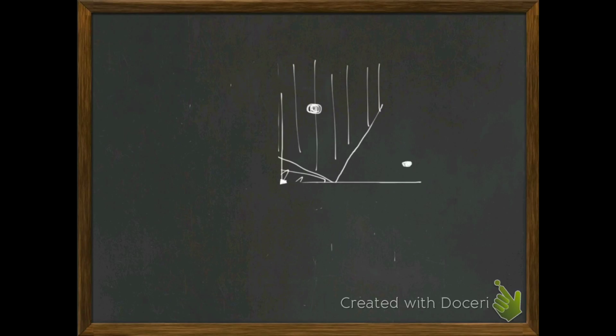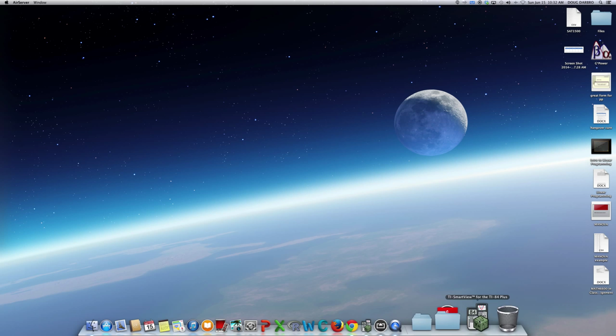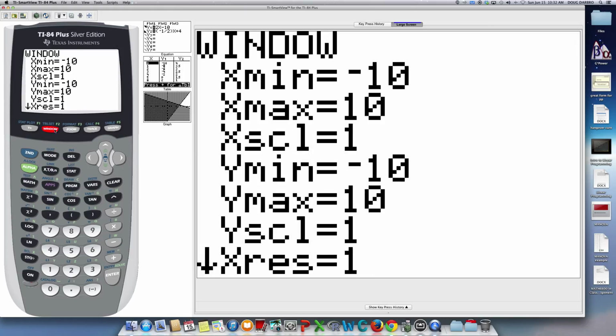So let's go back to the graphing calculator and see if we can make heads or tails out of this. If we look at what we've got, and we're only interested in positive values, then we're going to have to adjust the window. First of all, for the x-min, we don't need anything negative, so we'll start that at 0. And for the y-min, we don't want to consider anything negative, so we'll start that at 0.